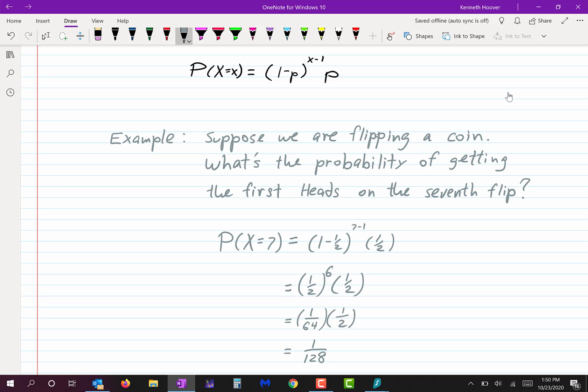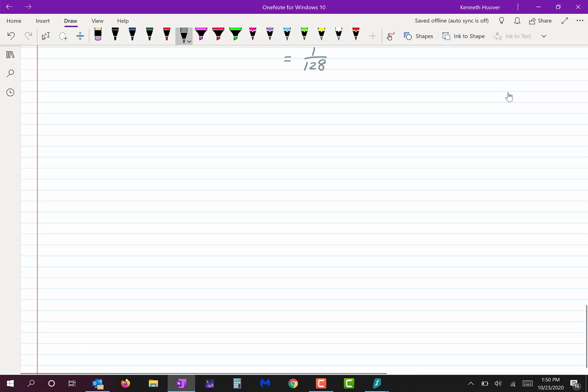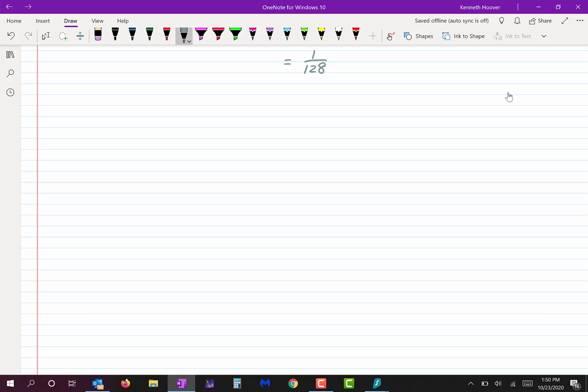Okay, let's do this example. Suppose you're checking computer components in a factory to see if they are defective or not.